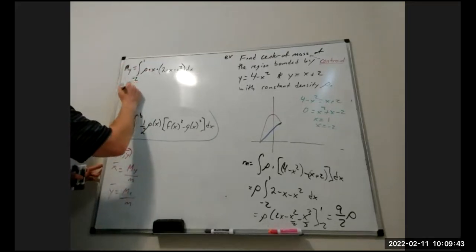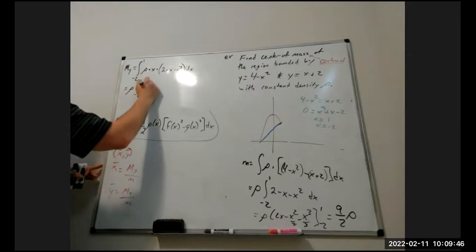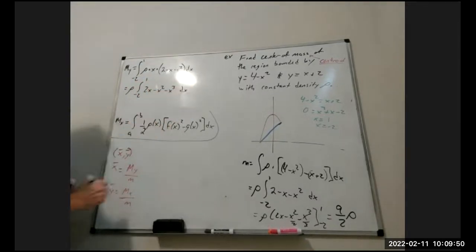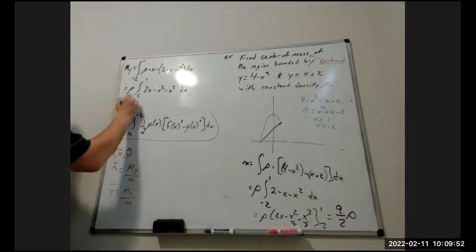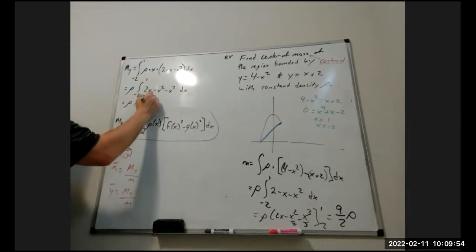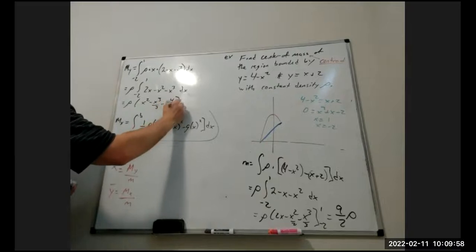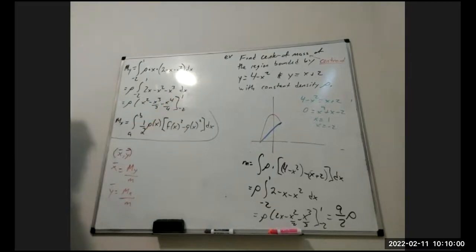So this is rho times the integral from -2 to 1 of 2x minus x squared minus x cubed, which again, just power rule. So now we're going x squared minus x cubed over 3 minus x to the 4th over 4.